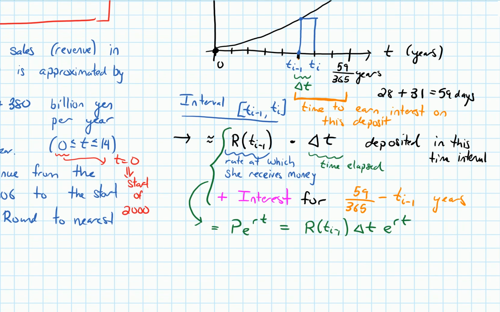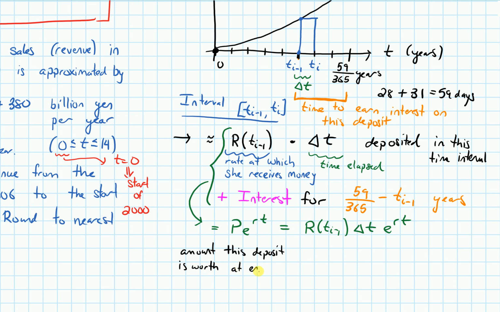Okay, and this is going to represent the amount this deposit is worth at the end of the entire time period. By this deposit, I mean how much was deposited during this time interval, this subinterval.